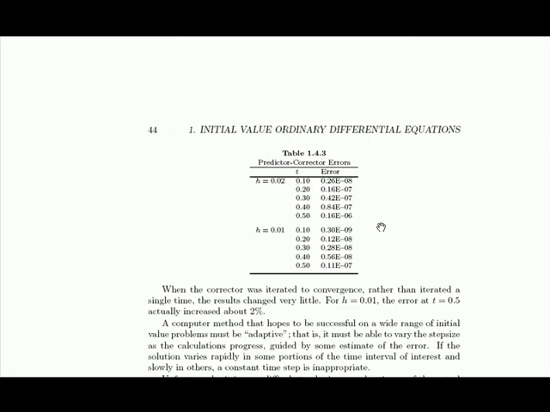Here are some results when we applied it to the same problem as the other methods. u prime equals 2t times 1 plus u squared, u of 0 equals 0. And here, with the same step sizes as we used with the Euler's method, we get much smaller errors at 0.5.